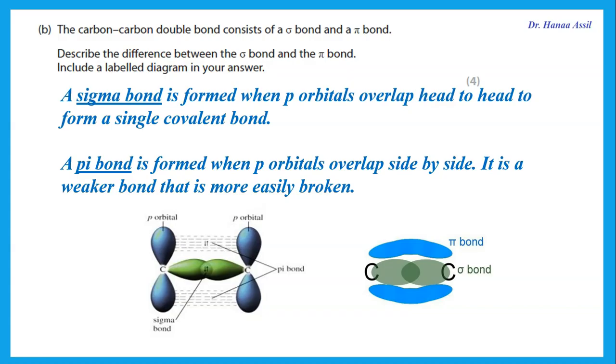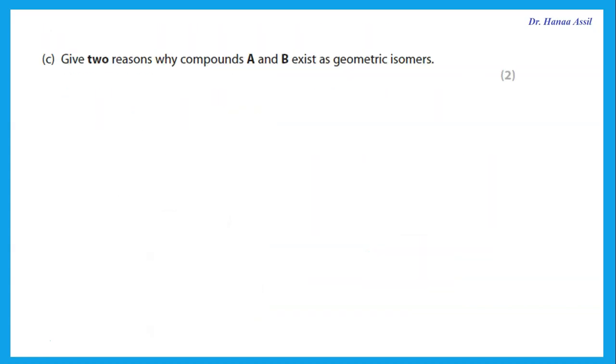This forms a single covalent bond. The pi bond is formed when p orbitals overlap side by side, or lateral overlap, and that is a weaker bond and more easily broken. So when alkenes react, the pi bond breaks, but alkanes that have only single bonds are less reactive.